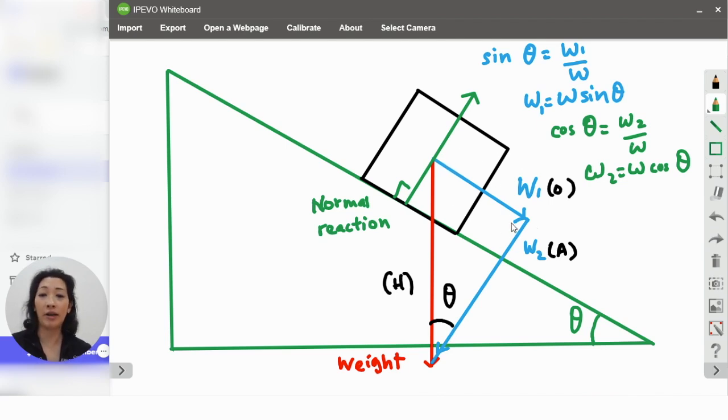And yes, it's in the opposite direction, which totally makes sense because the normal reaction has to react in the opposite direction to the force that's being applied on it. So based on this diagram, you can see that the value of the normal reaction is equal to W2, which in this case is W cos theta. So this is what you need to be aware of as well when you want to solve problems involving objects placed on an inclined plane.